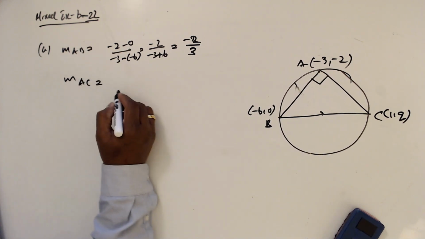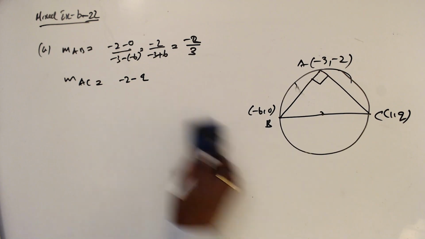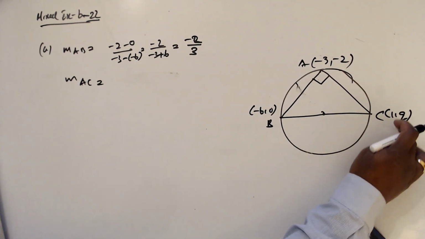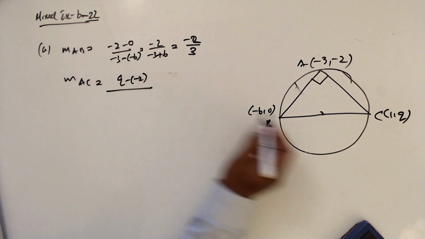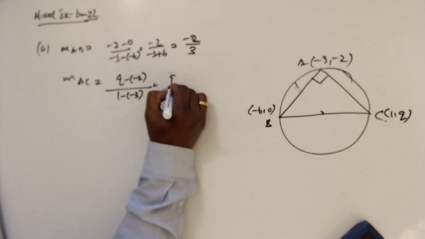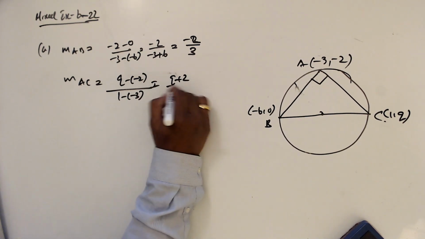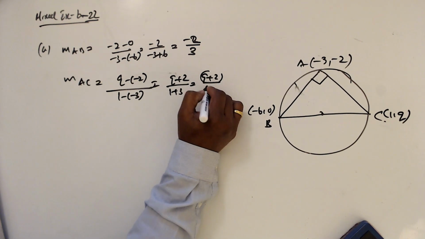MAC we'll work the other way around: y1 minus y2 is q minus minus 2, and x1 minus x2 is 1 minus minus 3. So this is q plus 2 over 1 plus 3, so q plus 2 over 4.